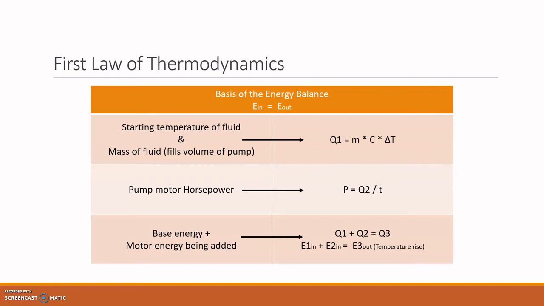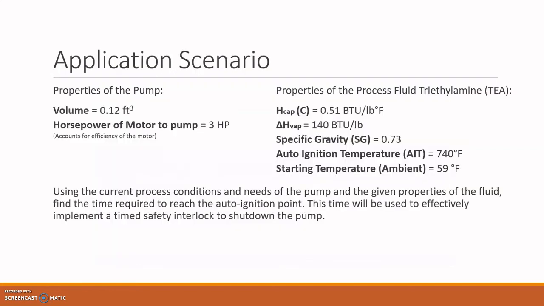And then again the base energy plus the energy being added can be shown as Q1 plus Q2 equals Q3, or the base energy plus the energy being added in equals the energy out, which leads to our rise in temperature.